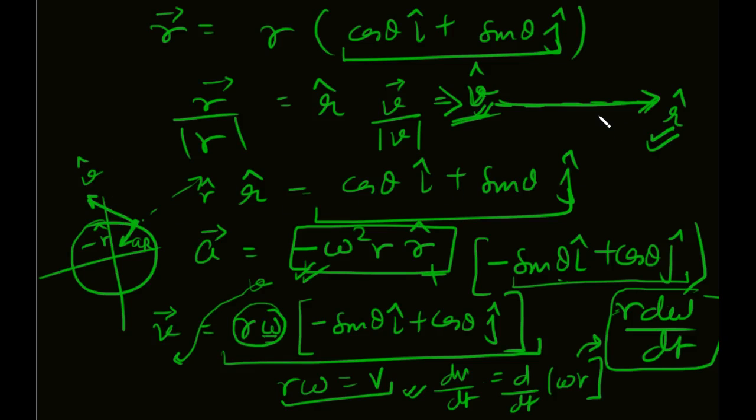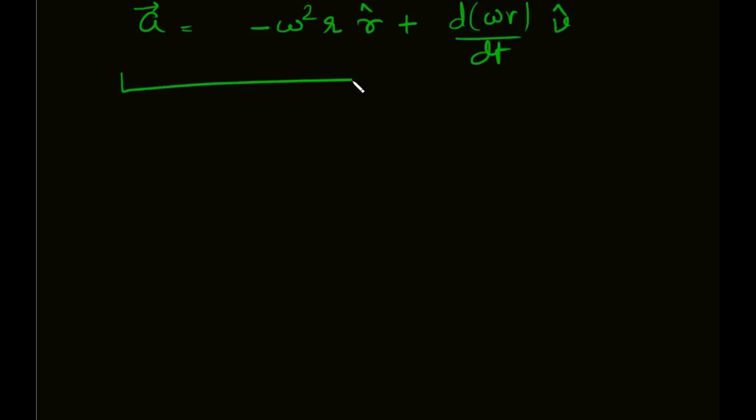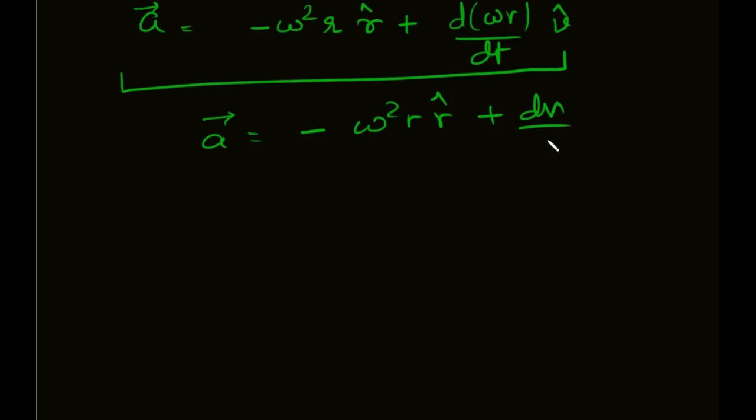This means acceleration is composed of minus omega square r cap, plus d omega r by dt times v cap. So A would be equal to minus omega square r cap plus dv by dt v cap.